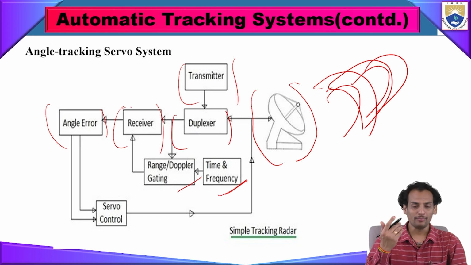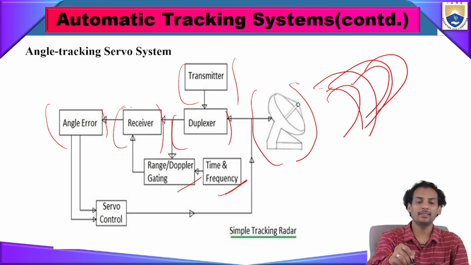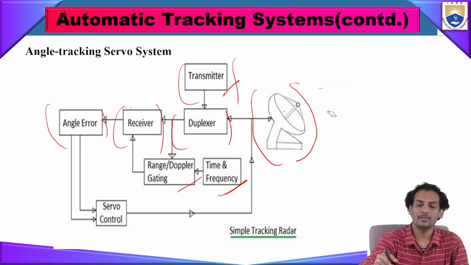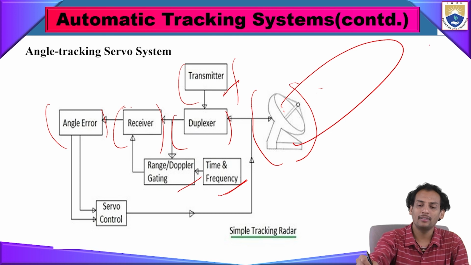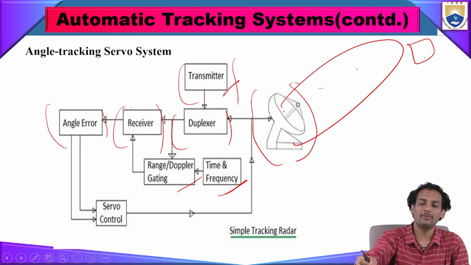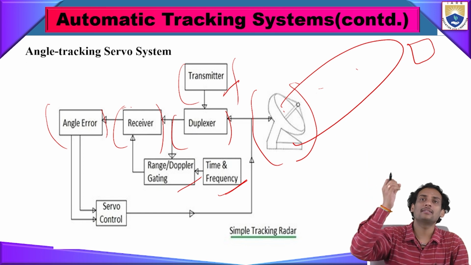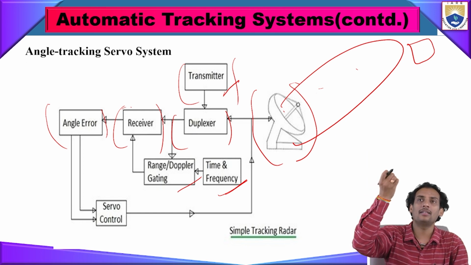So its main function is, it transmits the signal and first it will track the target. Say the target is here, within a range like this. The radar will get the target, then it will receive the signals from it, because whenever it is transmitting, some energy will come back from there.